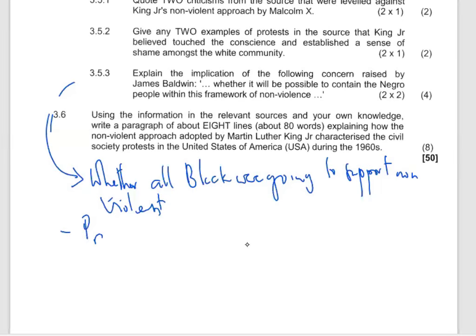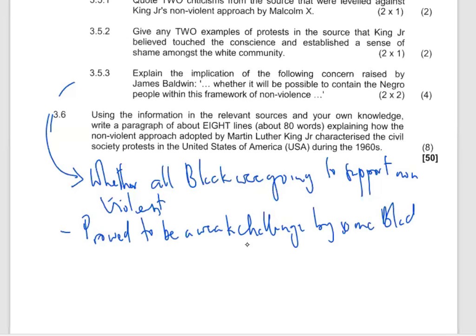Or in other ways, it says non-violent protests proved to be a weak challenge by some Black Americans. In another dimension, it means non-violent protests were seen as a weak way of challenging segregation by some other Black Americans.